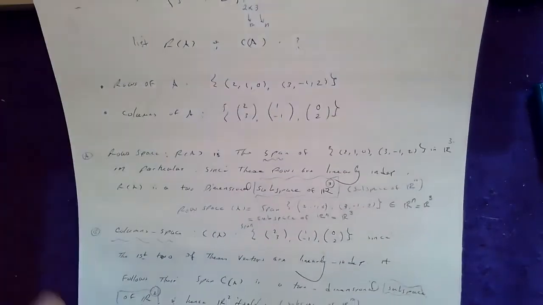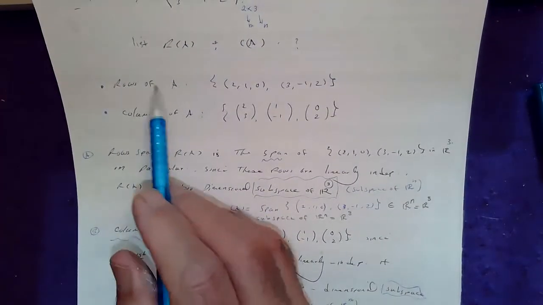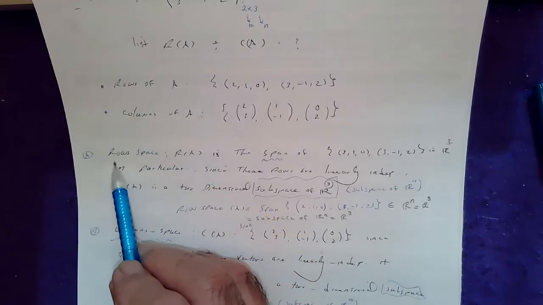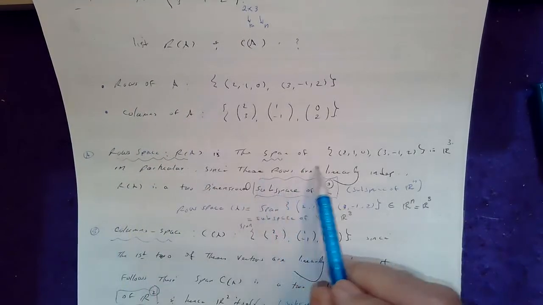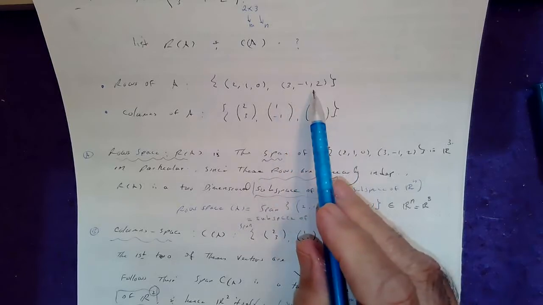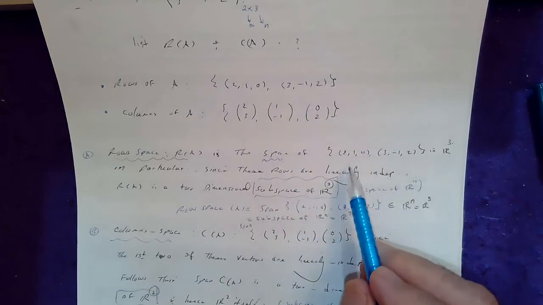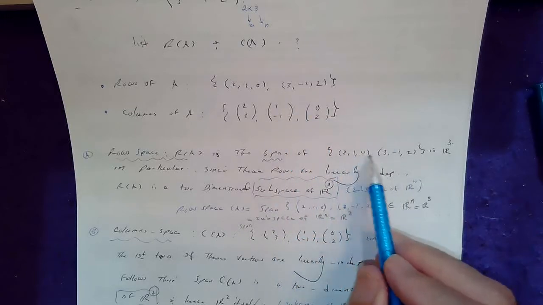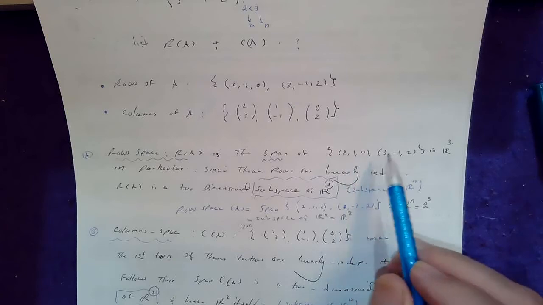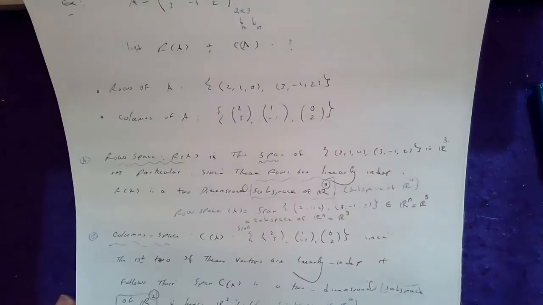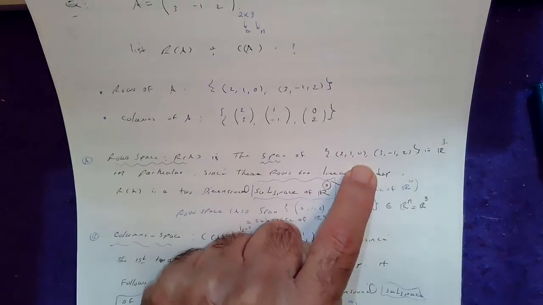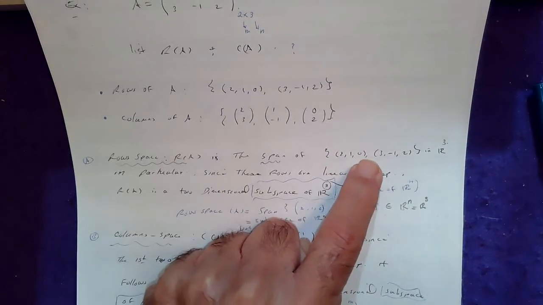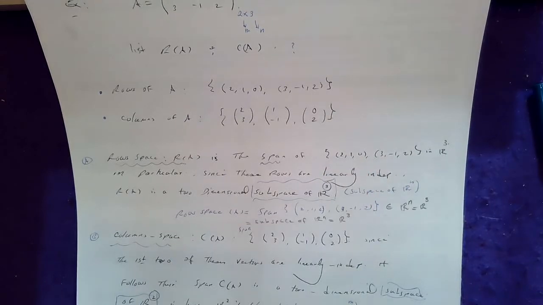However, when it comes to row space, not rows of A but row space of A, that would be the spanning set of the rows of the matrix A. In other words, all linear combinations of these two vectors. You can create any row of matrix A by forming a linear combination of these two vectors.